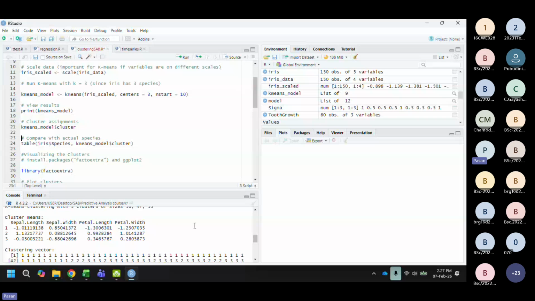So by looking at only these four variables, how can we put them into each cluster? Initially, once you measure them, you have a particular species name given to them, so because of that, we can do this tabling here. If I run this table, you will see.